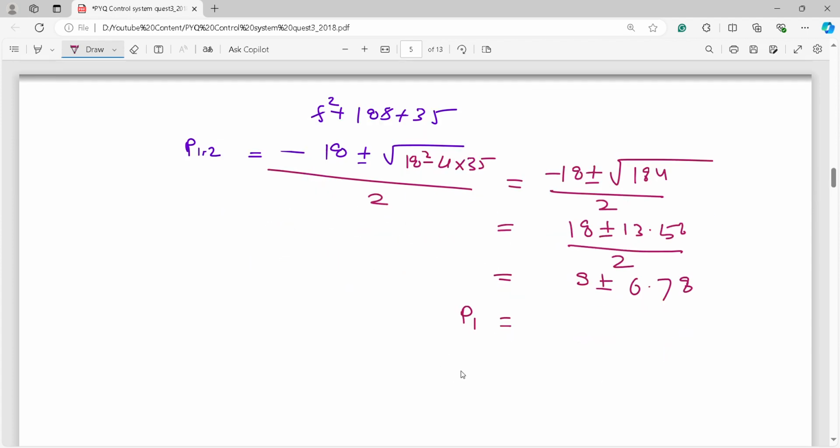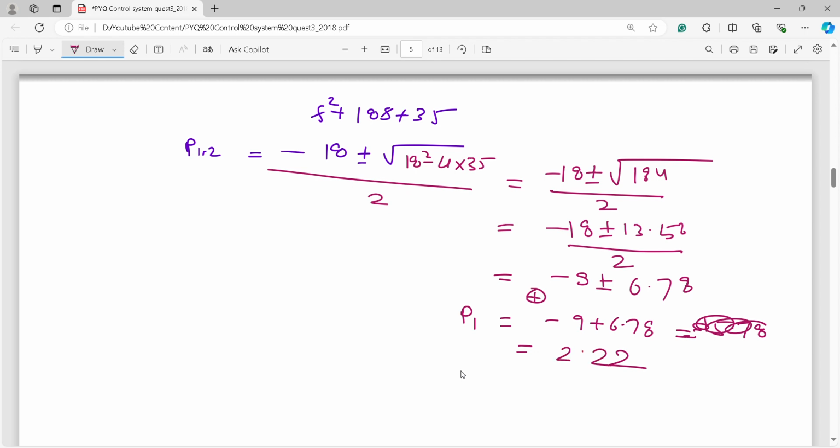P1, taking one at a time, 9 plus 6.78, and the second time with a minus, because all poles would be in the left half of the S plane. So we subtract it, and it will be about minus 2.22.